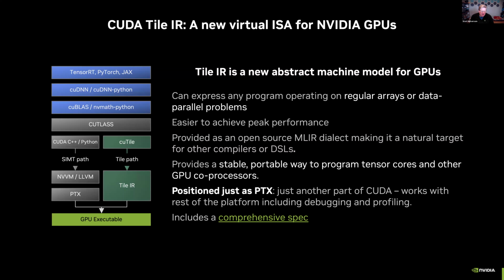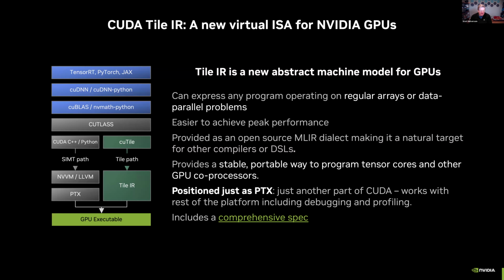So the graph I'm showing on the left shows maybe a future path, or in some cases, current path. With Cutlass, I think we're starting to build on top of Qtile as well, where we can build on top of these now multiple paths to getting to a GPU executable. And in practice, there are some cases where the library that you end up using may switch under the hood how it actually implements its operations on GPU by switching from CUDA to Qtile.